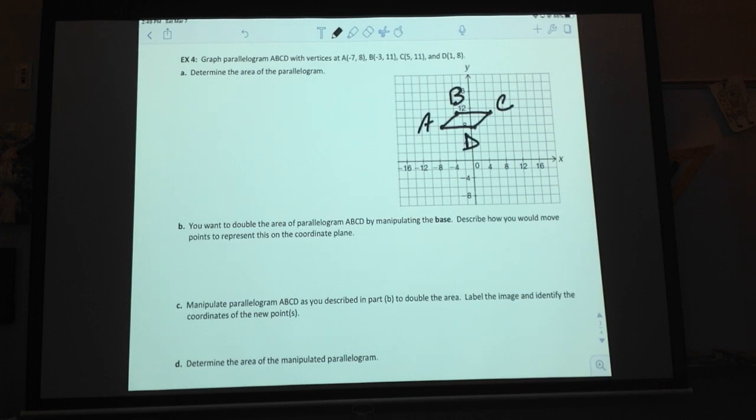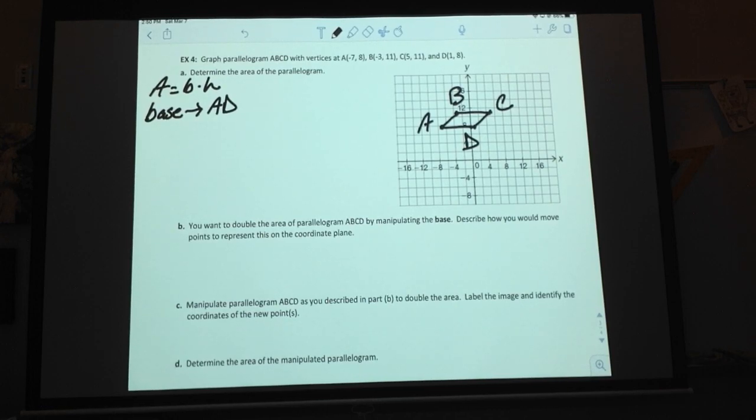All right. Now it says determine the area of the parallelogram. Well, I know that area is going to be base times height. Now, I look at this. I want to make my base AD.